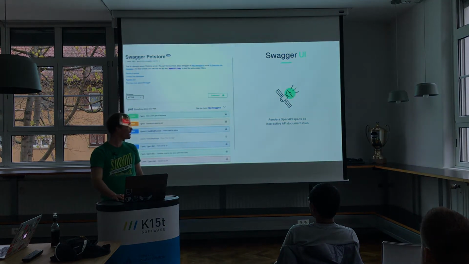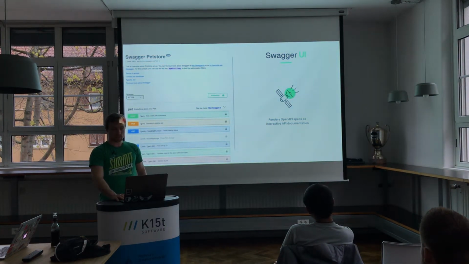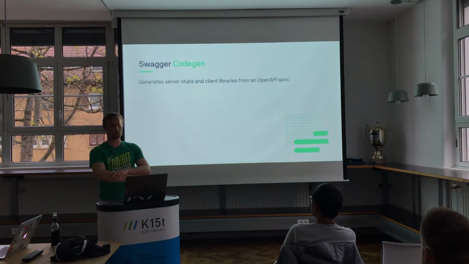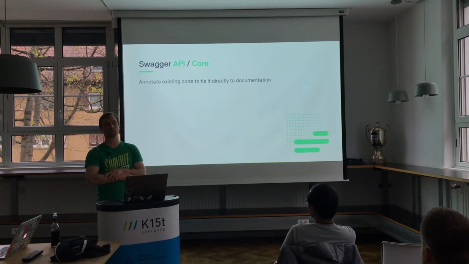So, besides the editor and the UI, there's the CodeGen part, which has a lot of different tools to generate server stubs and libraries you can just use and start coding. The API and core packages are there to support you in your builds, in integrating your specifications directly into documentation, and annotating existing code to enrich the information of your service.